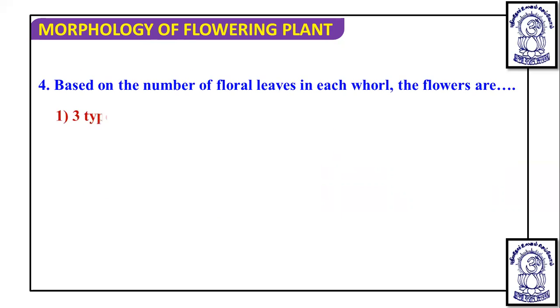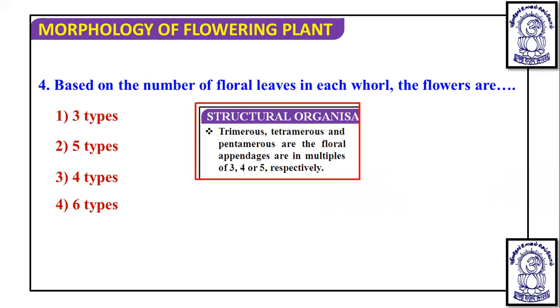Based on the number of floral leaves in each whorl, the flowers are. Based on the number of floral leaves, it can be 3, 4, or 5. So they can be trimerous, tetramerous, or pentamerous. So it can be of 3 types. Now, dear students, one more thing I want you to understand.